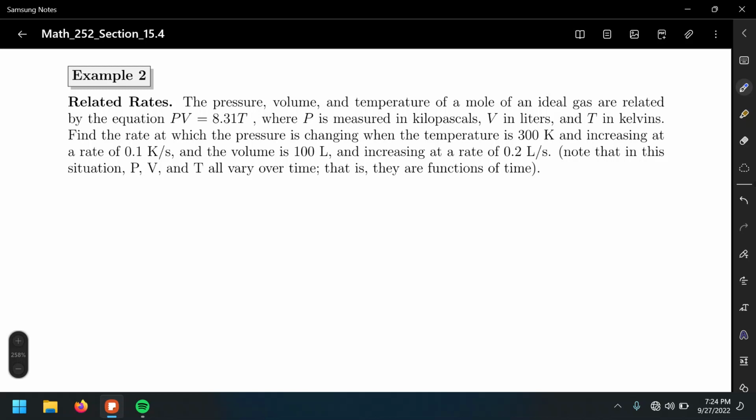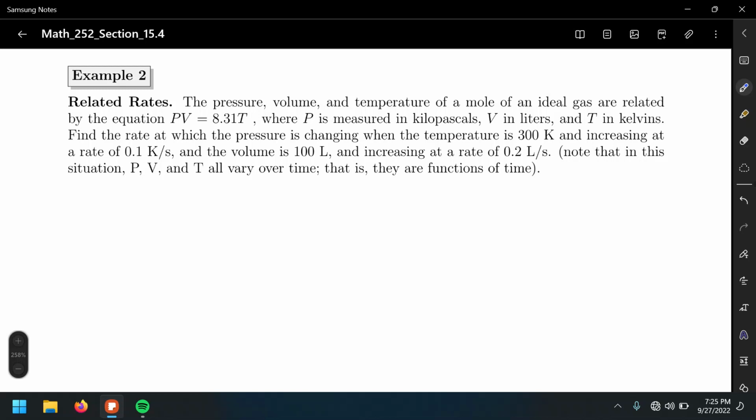Well, V is in liters, that's fine, and T is in kelvins. So they're asking us to find the rate at which the pressure is changing when the temperature is 300 Kelvin, increasing at a rate of 0.1 Kelvin per second. Also, the volume is 100 liters and also increasing at a rate of 0.2 liters.